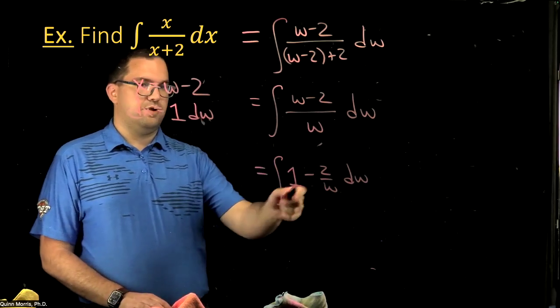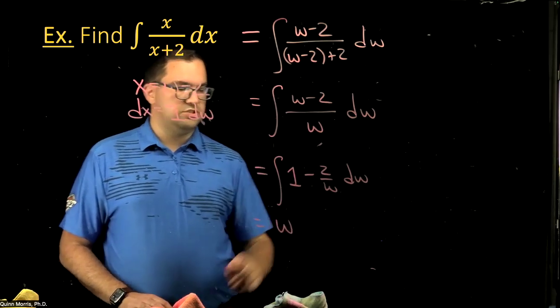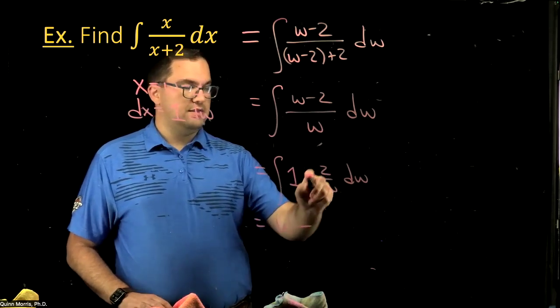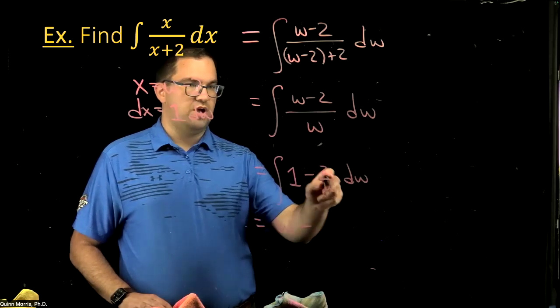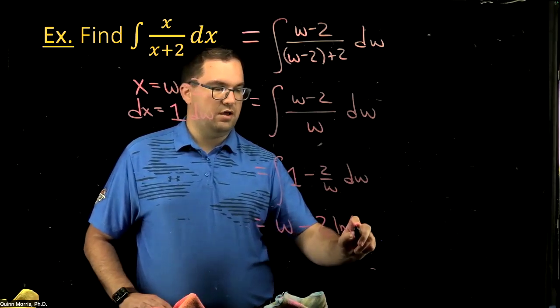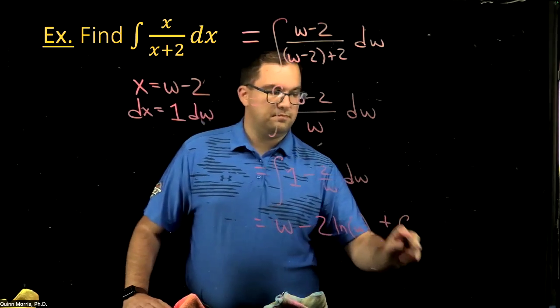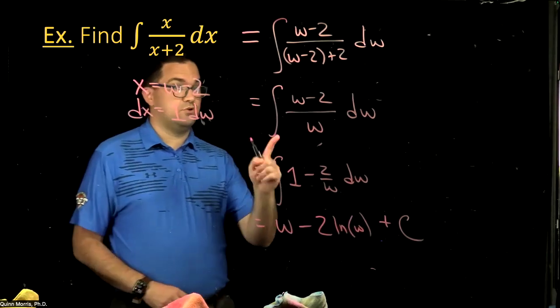And now I can integrate each of these terms. The antiderivative of 1 is just w. The antiderivative minus the antiderivative of 2 over w, well, that's the same as 2 times 1 over w, and the antiderivative of 1 over w is natural log of w. So there's my antiderivative, but that's in terms of w.